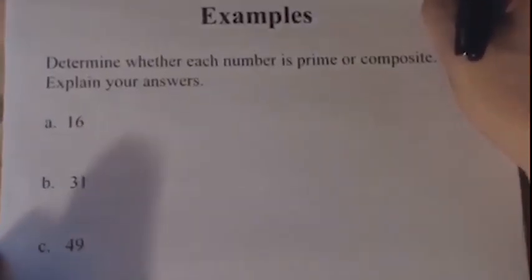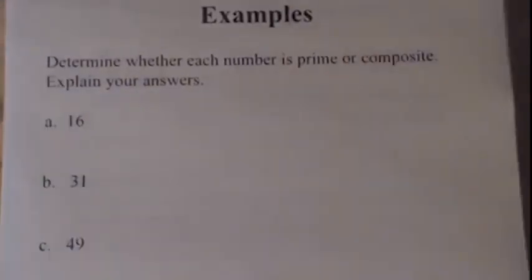So, in this example, we have 3 numbers and we want to tell whether it's prime or composite, and then explain why. Well, how many factors do we have here? Is there anything besides itself times 1 that gives us 16? Absolutely, because 16 is 2 times 8, or 4 times 4.